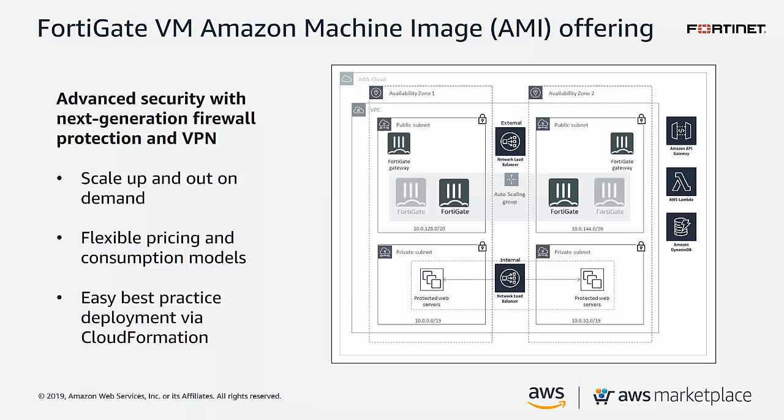And if we find we're always running 2 of them, we can switch to an annual licensing model where we're saving up to about 70% in this case. So we can use a mix and match of instances that are always on, coupled with instances that are going to scale to meet demand, and pay for that accordingly.